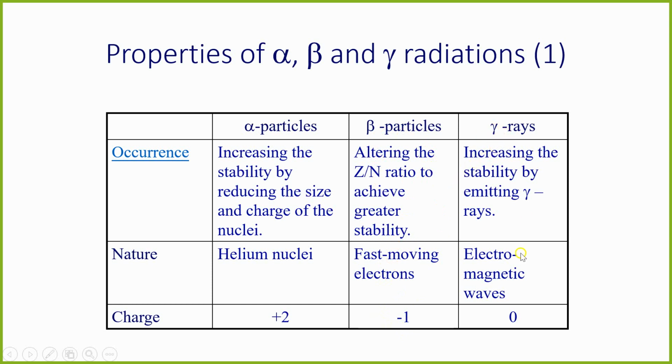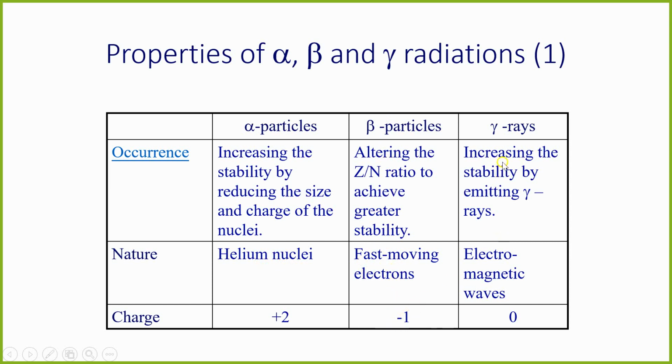When it comes to gamma, if you don't see any change in the proton number or the mass number, then obviously that is a gamma ray being given off, right? And as you can see here, the nature of an alpha particle is a helium nucleus, right? And for beta, that's an electron, and we know that the charge of an electron is negative.